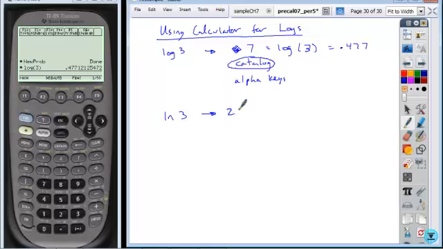So if you hit second X, you get the ln. You can type in, again, 3, either hit a decimal to display it in decimals or hit the green diamond key, and you get 1.099 approximately.